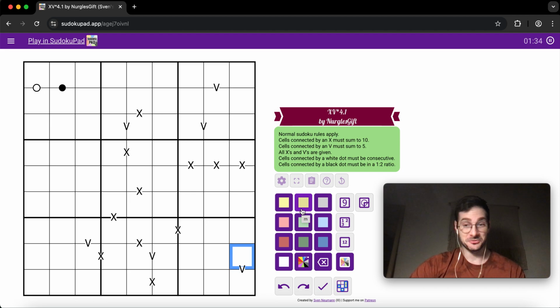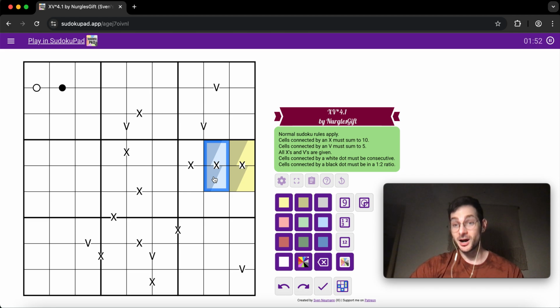So I don't know which pair of numbers will be associated with which color, but for example, it might be the case that yellow is 6 and 4, and blue is 7 and 3, etc. The nice thing about colors is we don't need to actually enter the numbers, so we can just use the colors without knowing which numbers they correspond to.